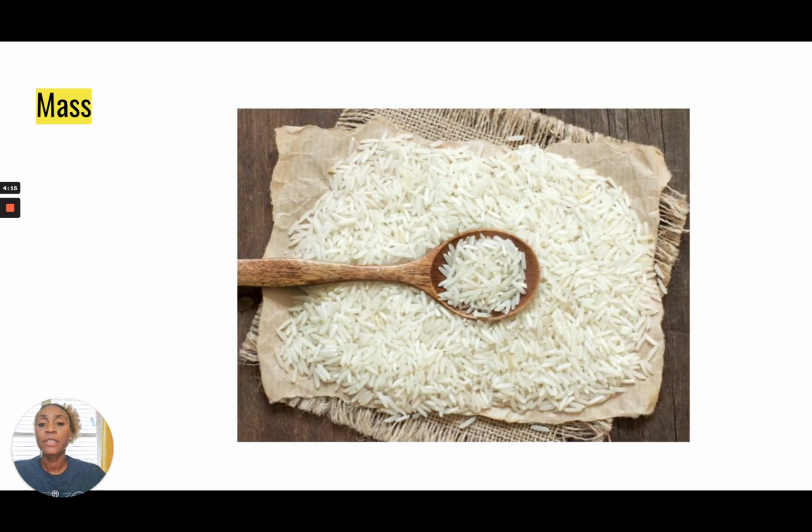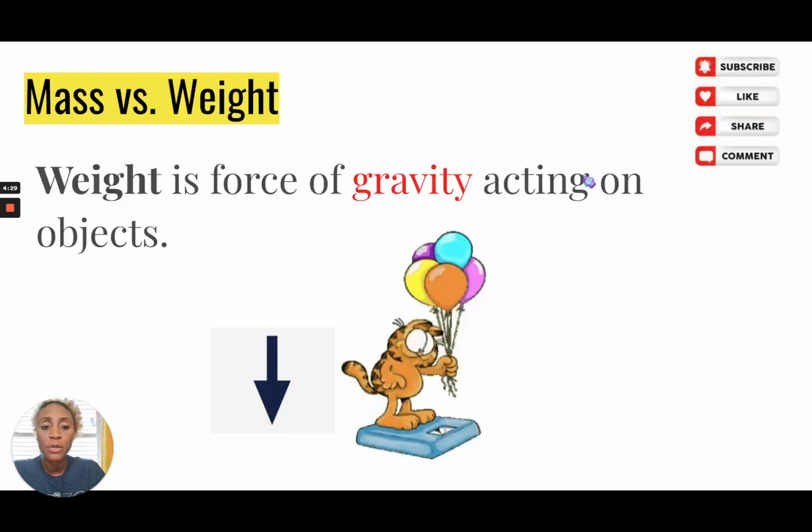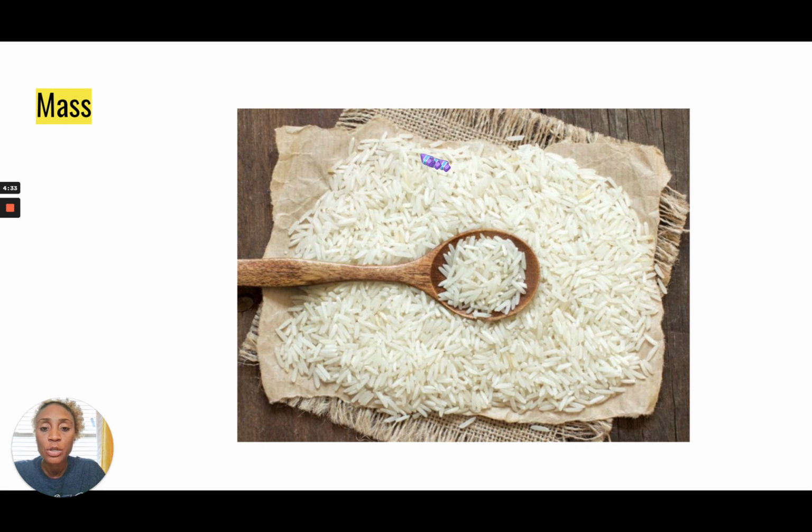Right? Just to help us understand what mass is a little bit more, I am looking here at some rice. So let us say this is 1 gram of rice. If you look closely, you'll see that this gram of rice is made up of a lot of different grains of rice.